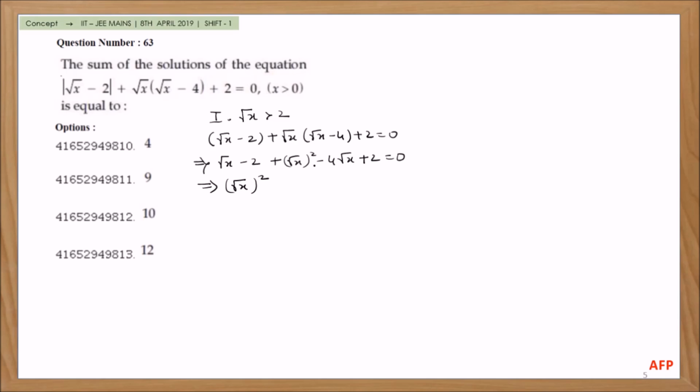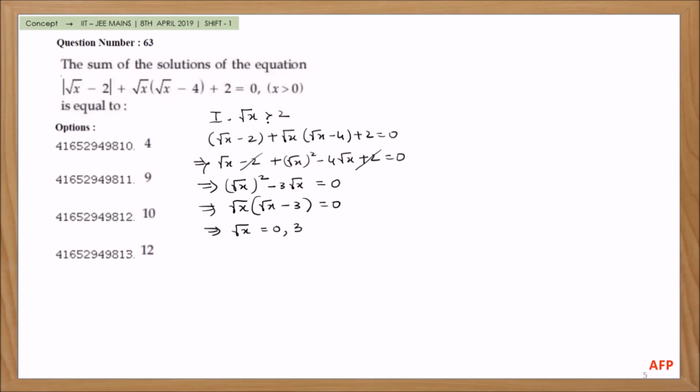Here the minus sign and plus sign, it is minus 3 times square root of x equals, here you will get cancellation, 0. Now I will take the square root of x outside: square root of x minus 3 equals 0. So this implies square root of x is equal to 0 or equal to 3.